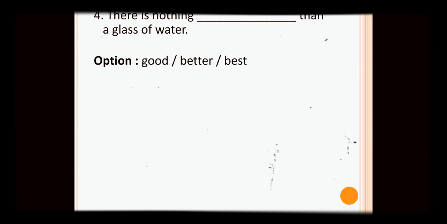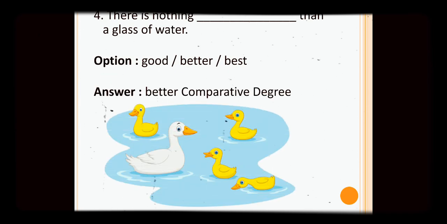There is nothing dash than a glass of water. So after the adjective than is used, which means there is one thing compared to another one. So the answer is better. In comparative degree, after adjective than is used, there is nothing better than a glass of water.